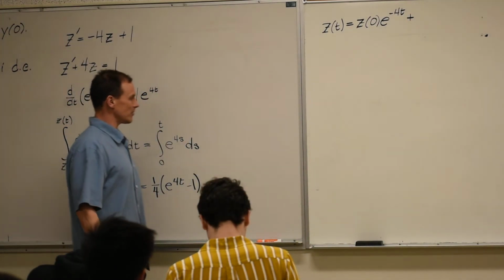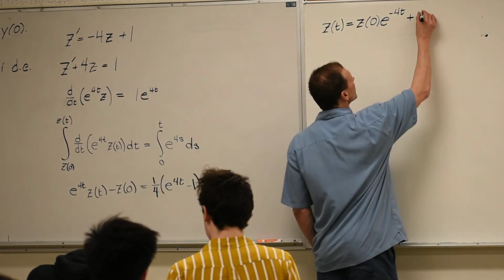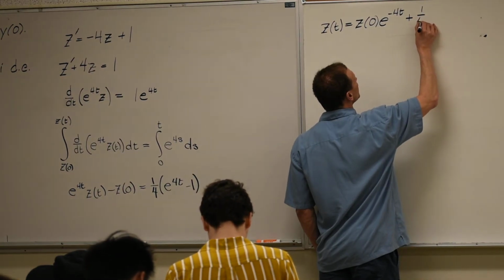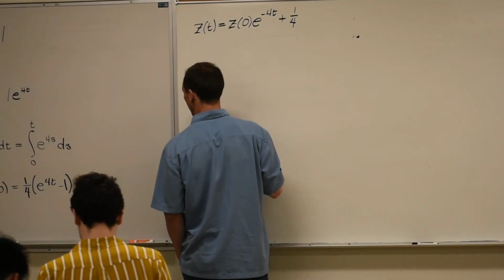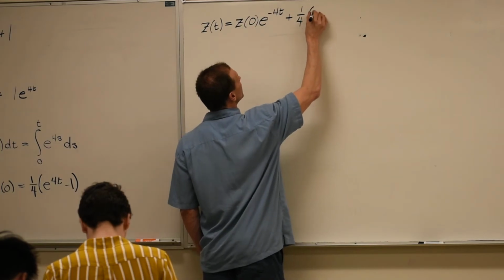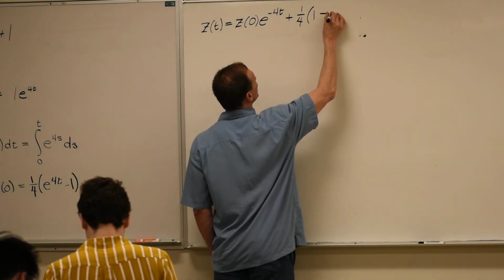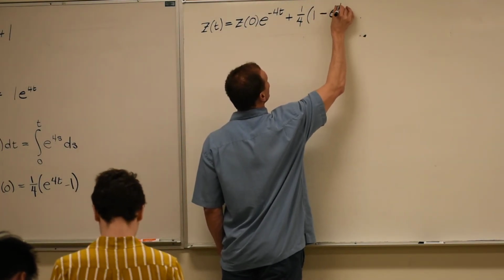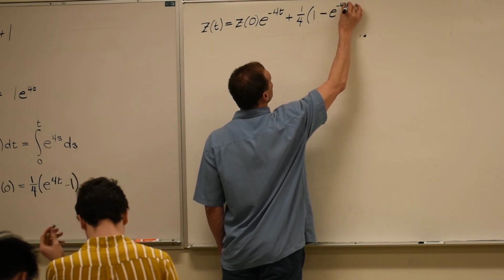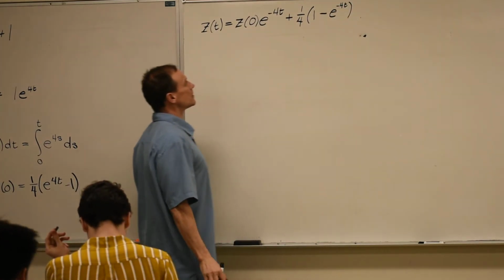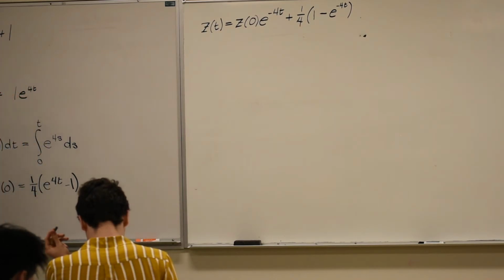We have 1 plus 1/4. This is going to give 1 minus e to the minus 4t. There, I think we got that.